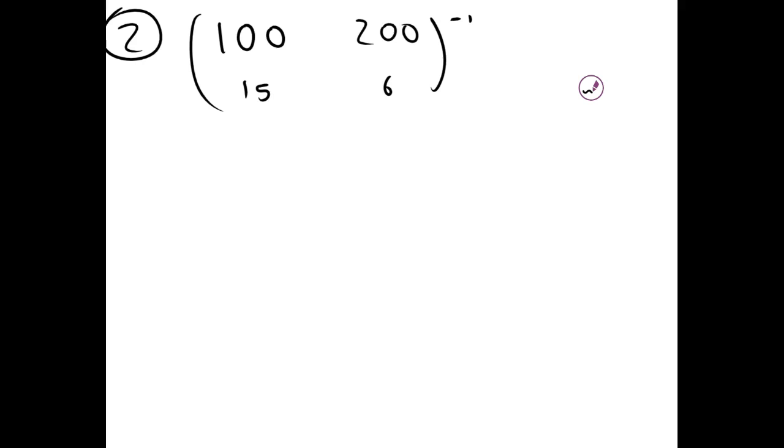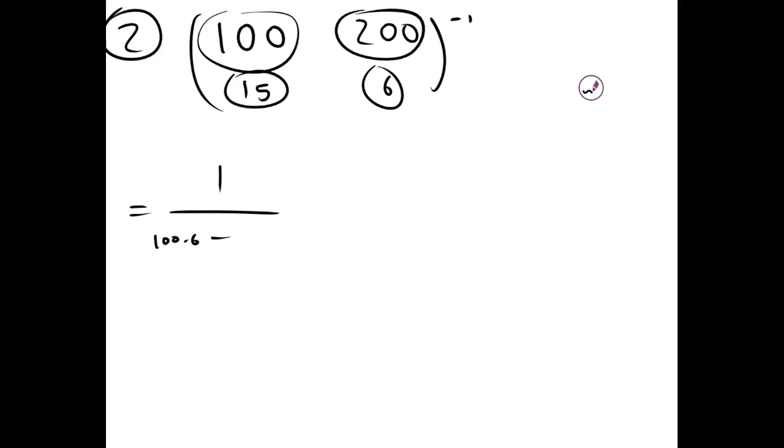So since this is a 2 by 2 matrix, we can use Cramer's rule, which tells us that the inverse is 1 over the determinant, so 1 over 100 times 6 minus 200 times 15. And sorry, this should be a 5, not 6.